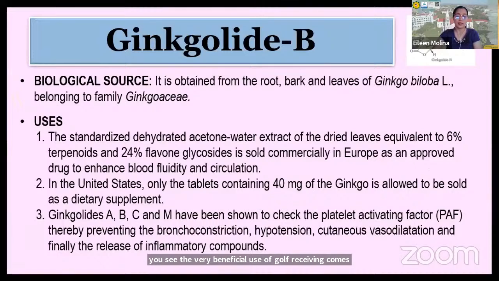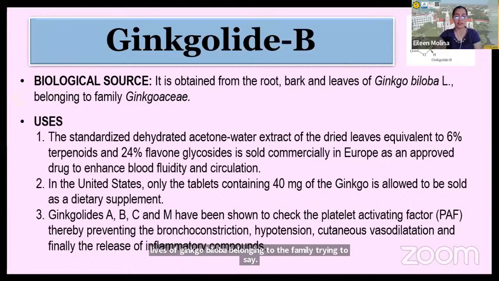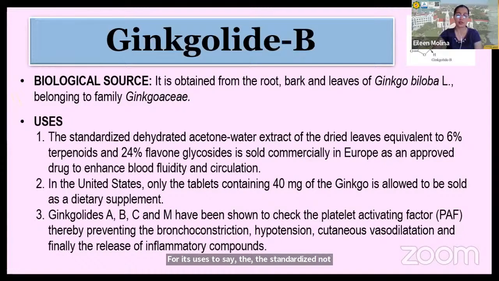Ginkgolide B is obtained from the root, bark, and leaves of Ginkgo biloba, belonging to the family Ginkgoaceae. For its uses, the standardized dehydrated acetone-water extract of the dried leaves, equivalent to 6% terpenoids and 24% flavone glycosides, is sold commercially in Europe as an approved drug to enhance blood fluidity and circulation.